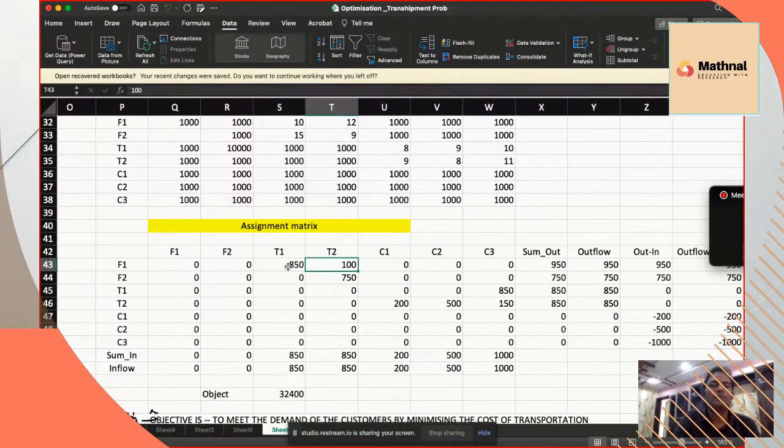F1 is delivering to transshipment point 1, 850 units. And what is the maximum capacity of T1? 850. T1 can receive only 850 units, and all those 850 units are coming to T1 via F1.